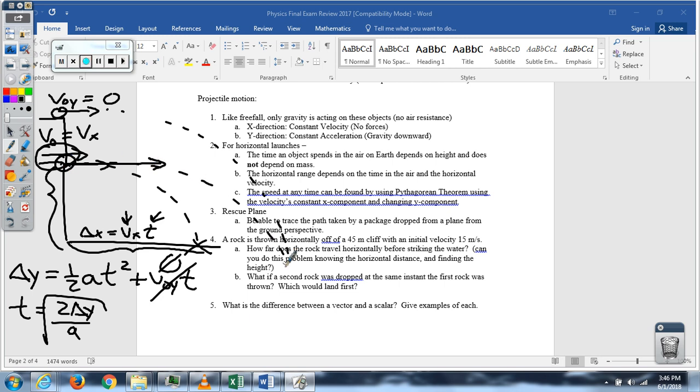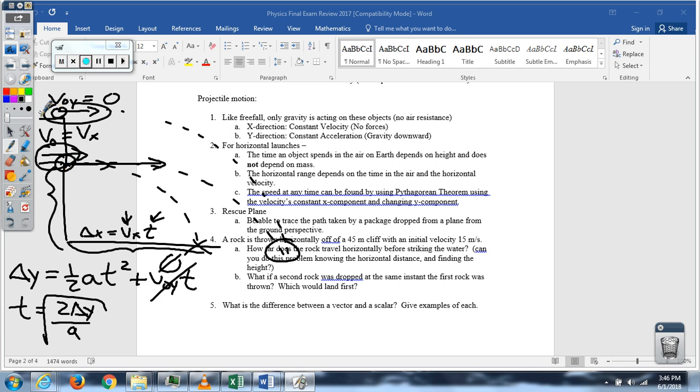So potentially you could allow for these two guys to hit at the same mark, but there's no way they would hit the ground at the same time. This one going faster will hit the ground first, not because it's moving faster, but because it's launched lower than this guy.